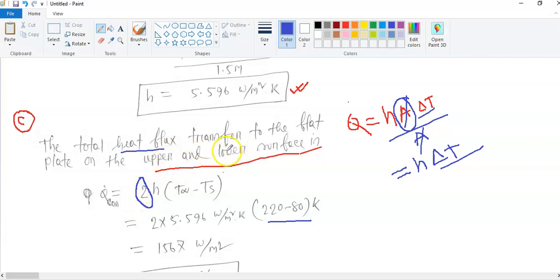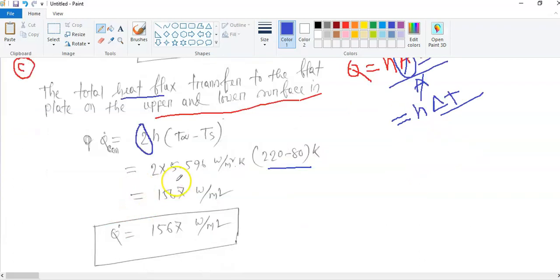This upper, this lower, so 1 plus 1, 2 different surfaces, so we just multiply it by 2. So now h equals this, and the temperature difference is this, so we got the rate of heat transfer. This heat flux is 1567. So that's it.